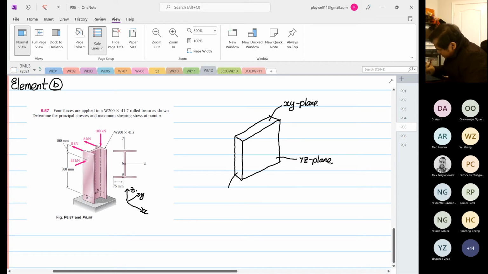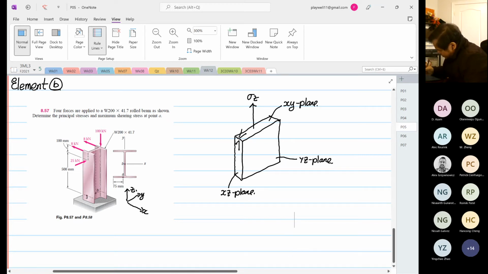And then we know that this is our, I'm having tongue tied now, XZ plane. So we know that this is our stress Z. I don't know whether these are right, but I'm going to call that.